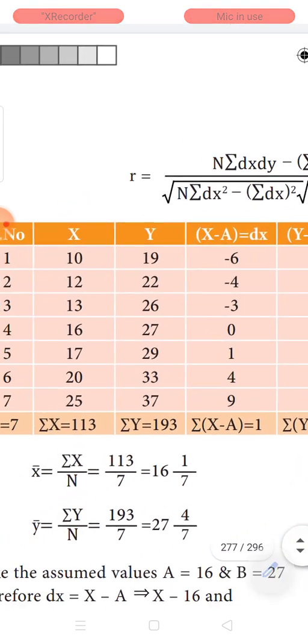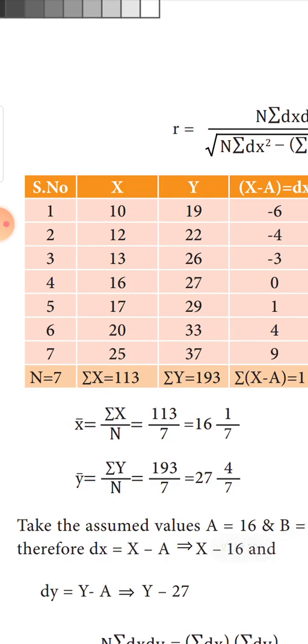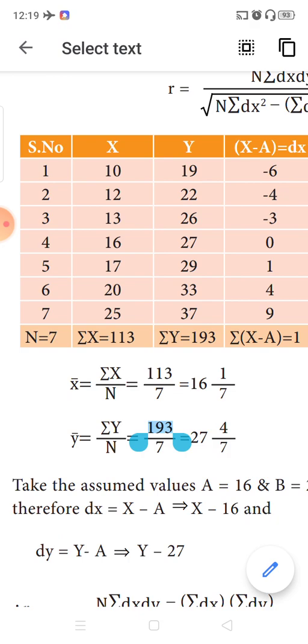Now, let us write the given x values and y values as given in the question. After writing here, the value of n is 7 because 7 data are given with respect to the x variable and 7 data with respect to the y variable. So, the n value will be 7.